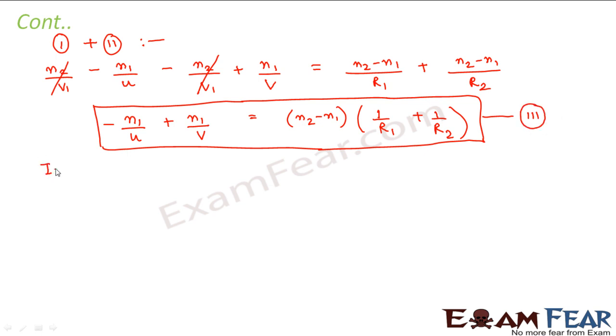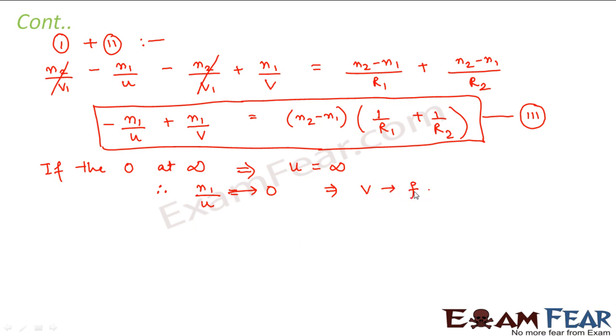Now let us suppose that the object is at infinity. What will happen? u will be equal to infinity, therefore n1 by u will approach 0. Also, where will the image be formed? If the object is at infinity, the image will be formed at the focal length f.